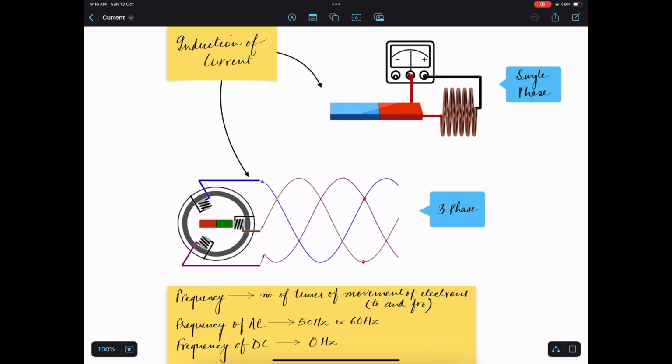Frequency plays a key role in determining how effectively power is delivered in an AC system. Higher frequencies mean more cycles per second, which can affect the efficiency of energy transmission, especially in three-phase systems where each pulse is offset by 120 degrees to ensure continuous power delivery. If you ask about the frequency of DC, it is 0 hertz.